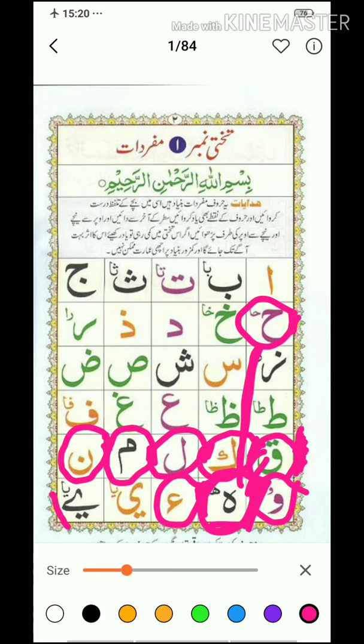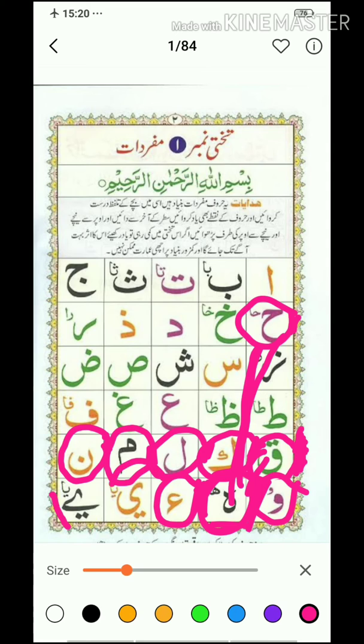Don't mix this letter with the two Has. I am not explaining its sound now because most people will mix it with them. For now, remember its name: Hamza.